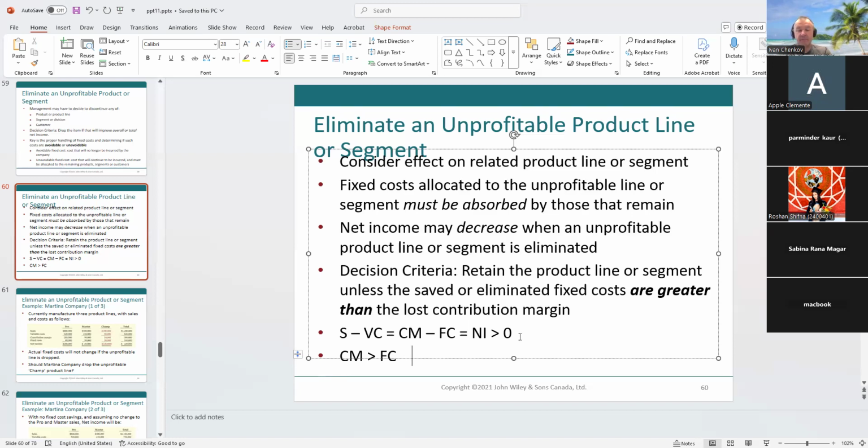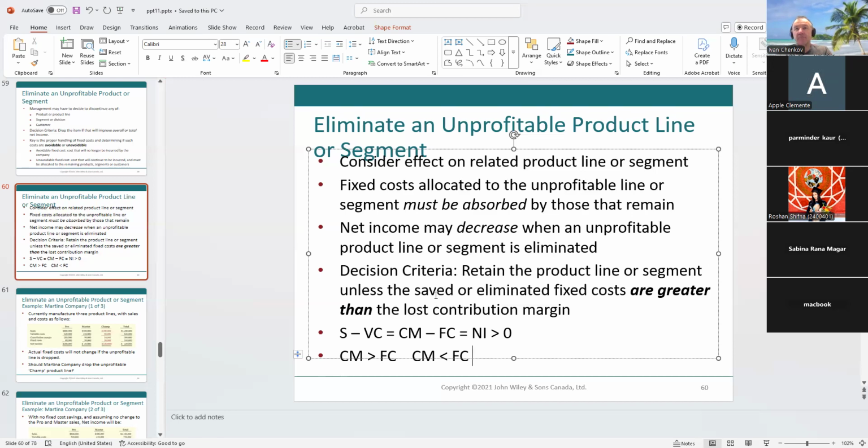But if my contribution margin is less than the fixed cost and I decide to eliminate the product, what's going to happen with my income? I'm not going to get a net loss, or my income is going to improve. Make sense? So that's what it means here.